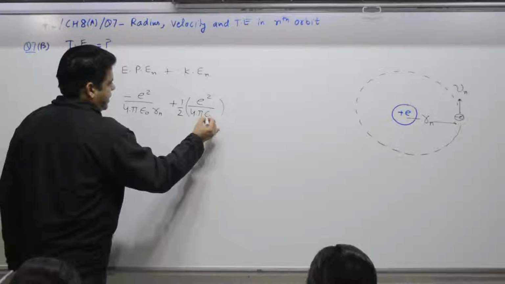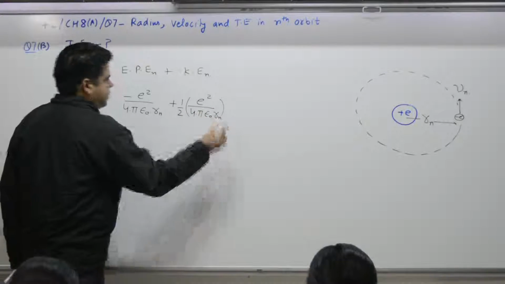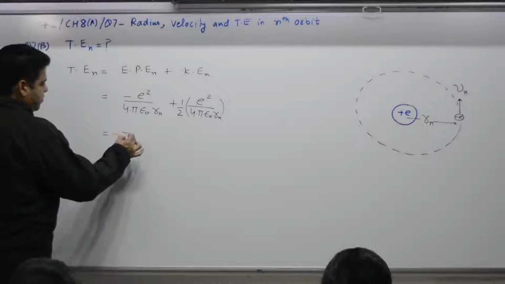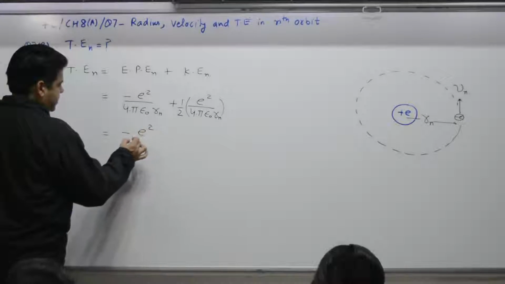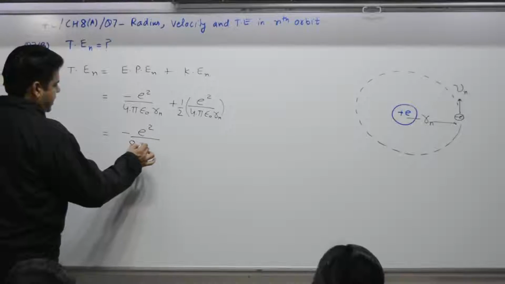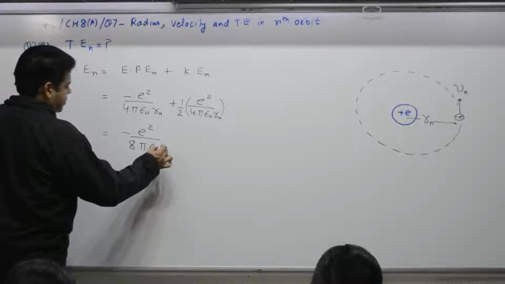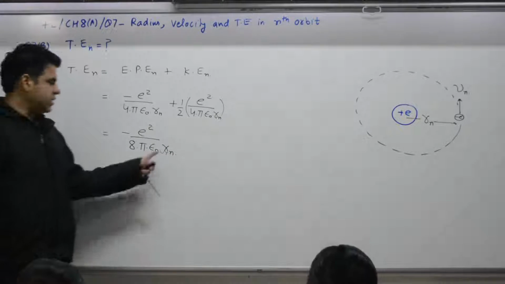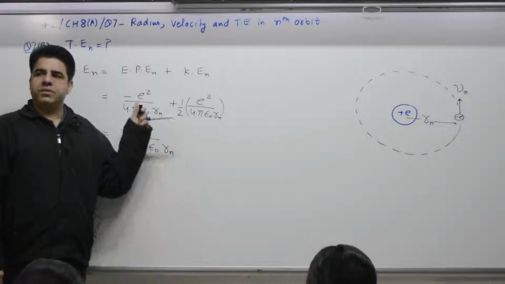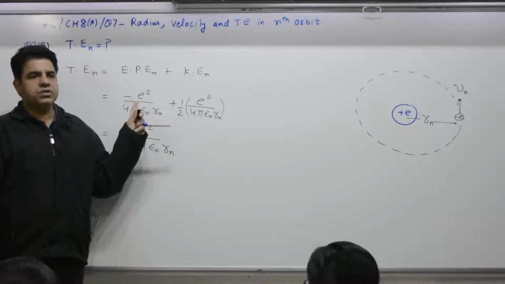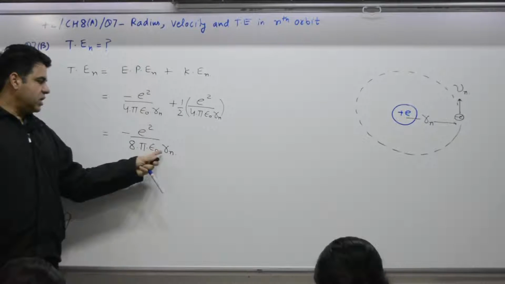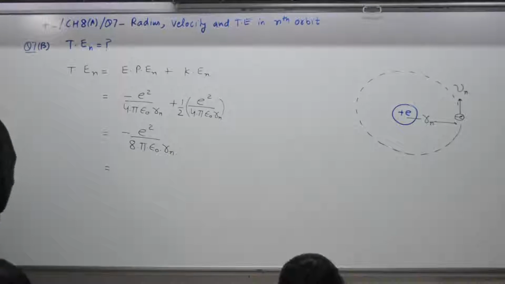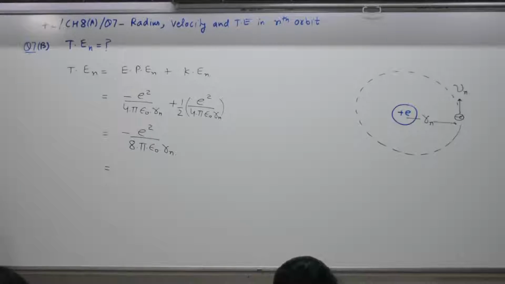Total was equal to minus e square over 8 pi epsilon Rn. Rn is from the previous part A. What was the conclusion for Rn? You can put that value of Rn here. Time with you is 2 minutes.